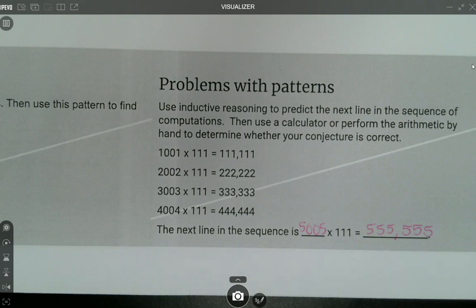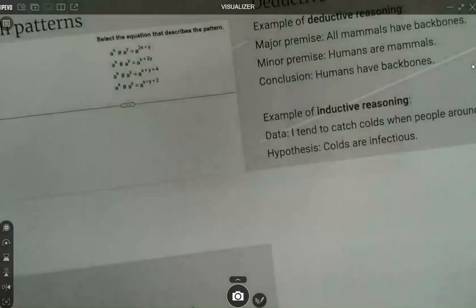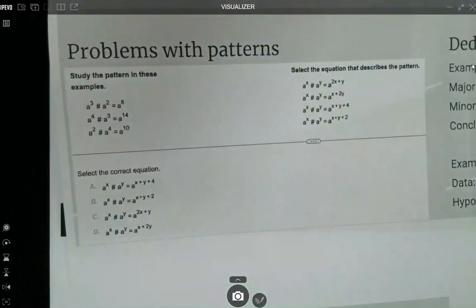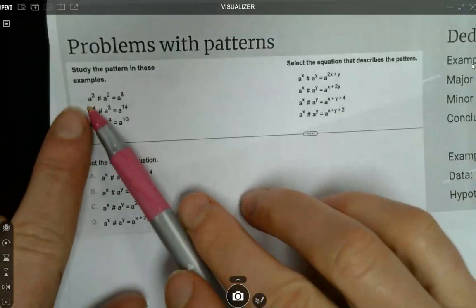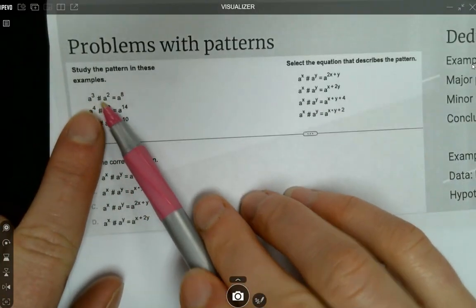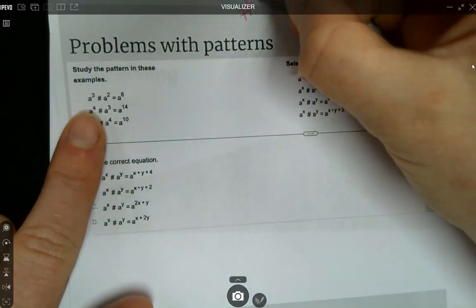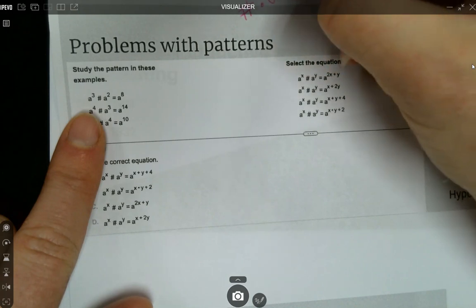All right, let's go to the last page. Problems with patterns. All right, we have exponent problems. Let's study the pattern in these examples. A to the third, and then this hashtag, this number sign, means an operation, a new operation.